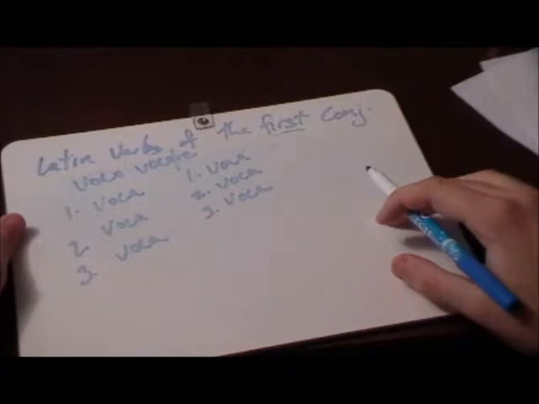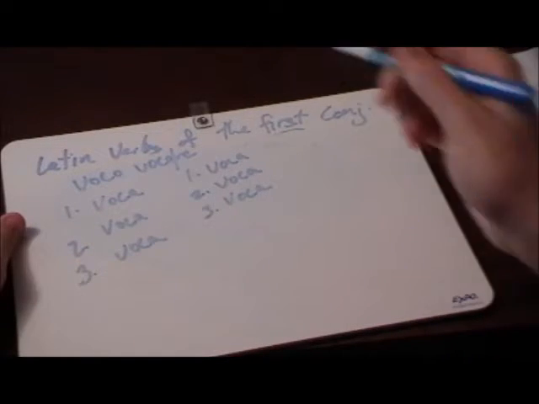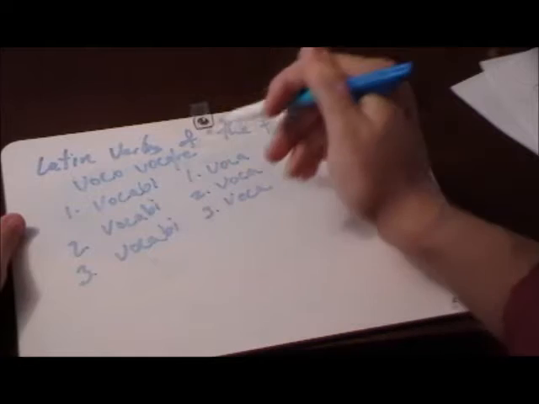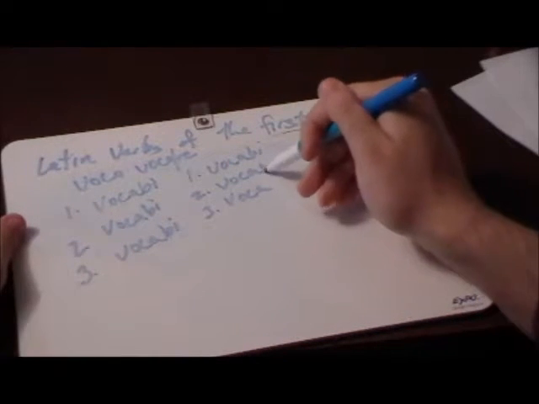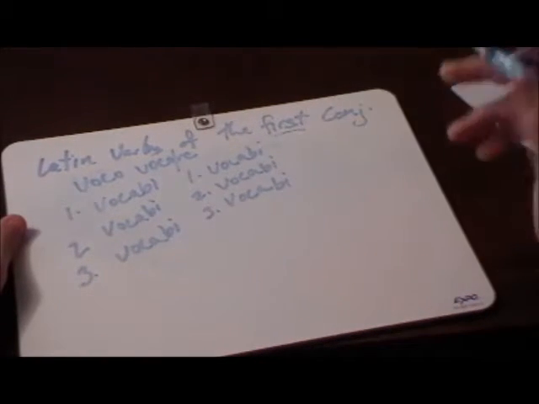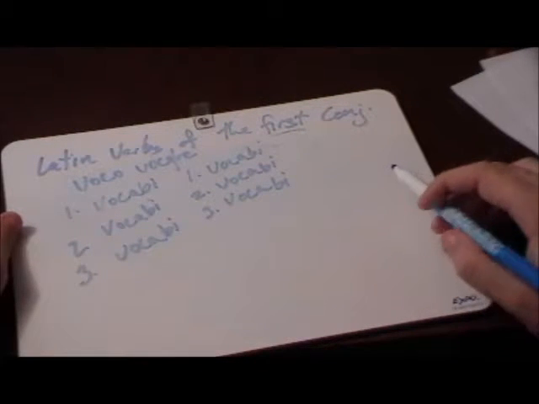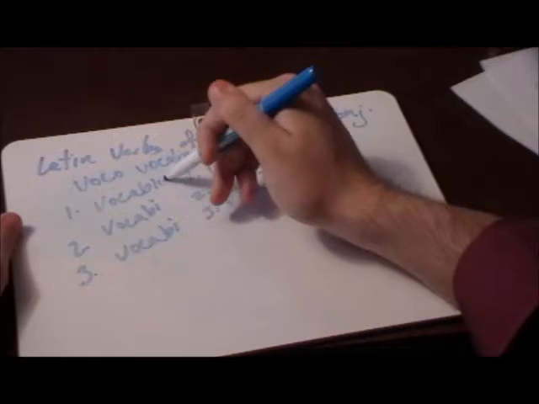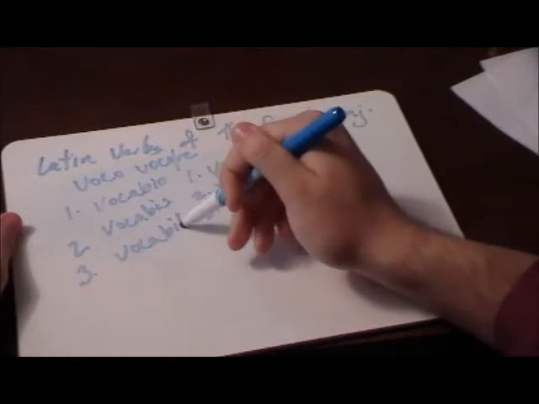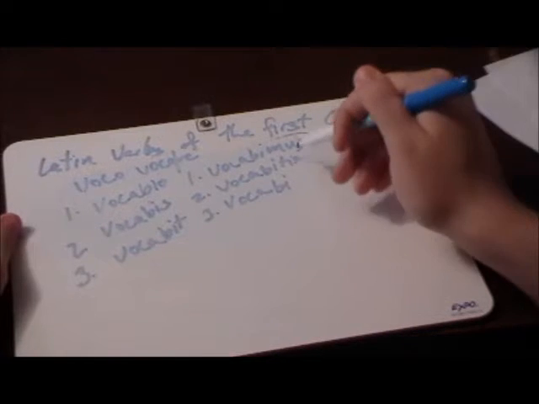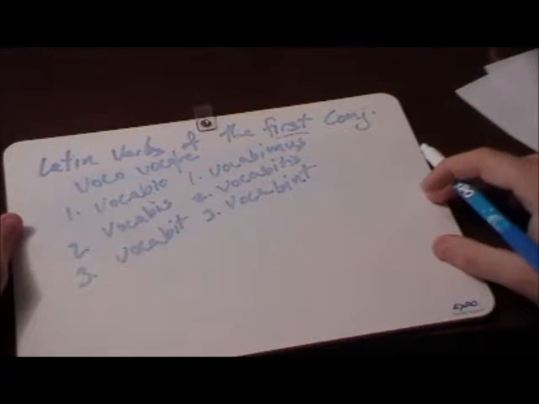Okay, and then we're going to add our tense indicator, BI, six times. And then we're going to add our personal endings. So it'll be O, S, T, mus, tis, N, T.